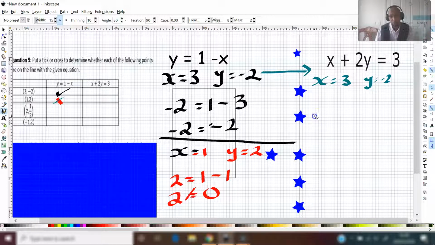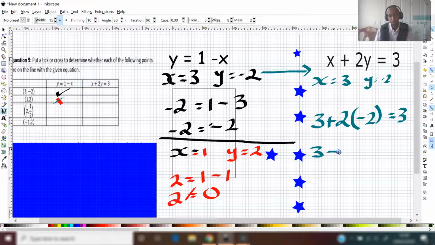So plug the points in: 3 plus 2 is what's being multiplied by my y value, and we're trying to see if this is true. So we have 3 plus, now -2 multiplied by 2 is going to be -4, and that equals 3.